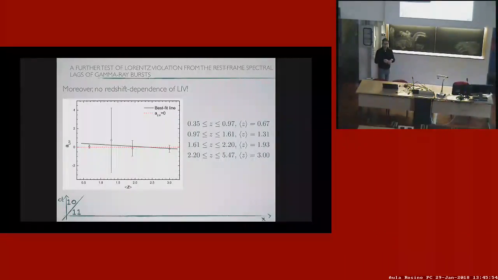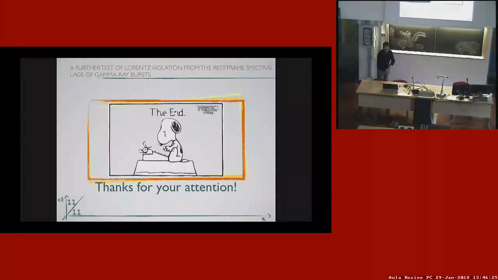So they applied the method I explained so far to the whole sample, but divided in 4 bins of redshift, and they claim again that there is no appearance of redshift dependence, even though we can see the error bars of the second bin are very large and optimistic. Anyway, I can stop here. Thanks for your attention.